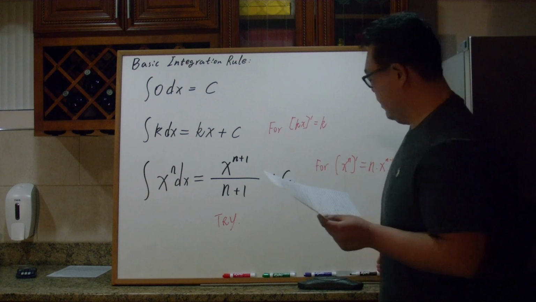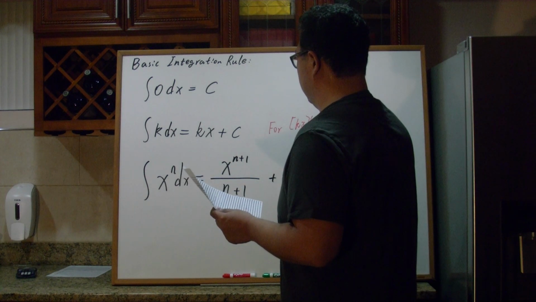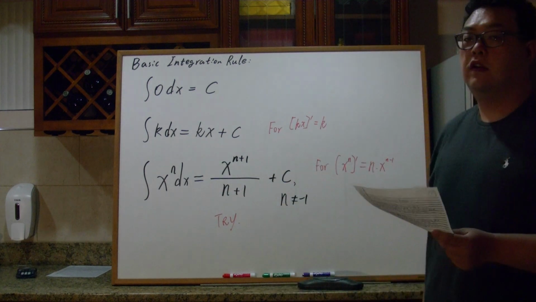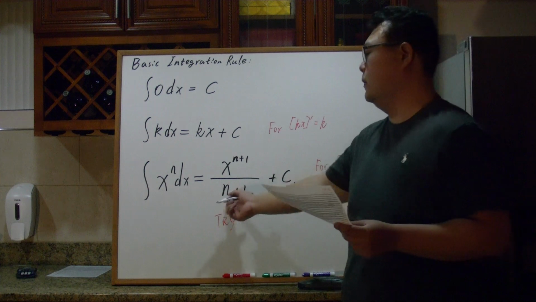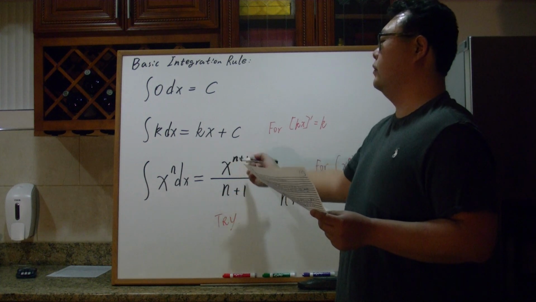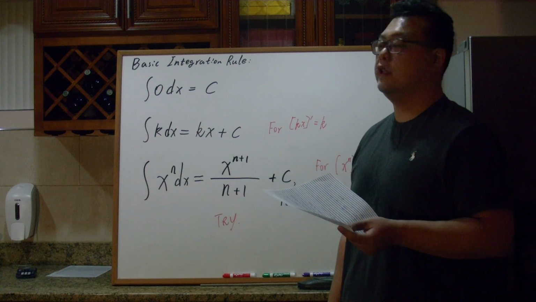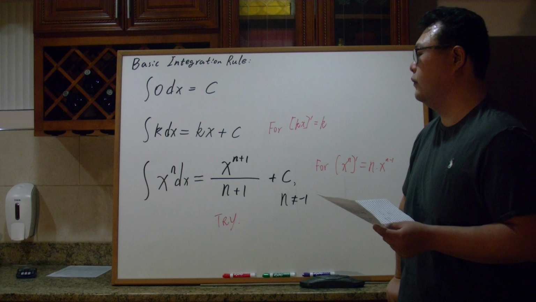And one additional condition is that n cannot be -1. If n is -1, we get 1 over x, and the denominator will be 0, x to the 0 over 0, which is simply undefined. So n cannot be -1.